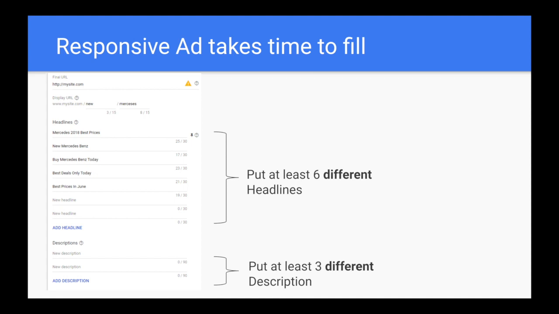For example, Mercedes 2018 best prices cannot be combined with new Mercedes-Benz because it's almost the same stuff. In my example, I have 3 almost equally the same headlines in the first 3 lines. And then I have another 2 that mean something a little bit different that can be combined together. Best deals only today, best prices in June.